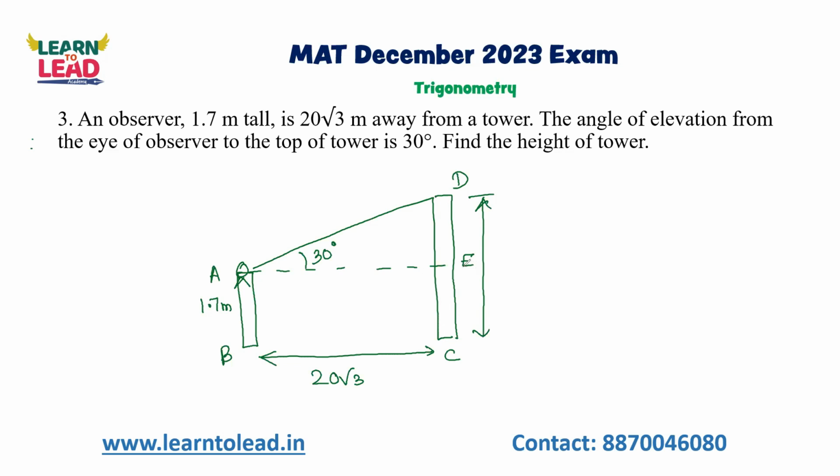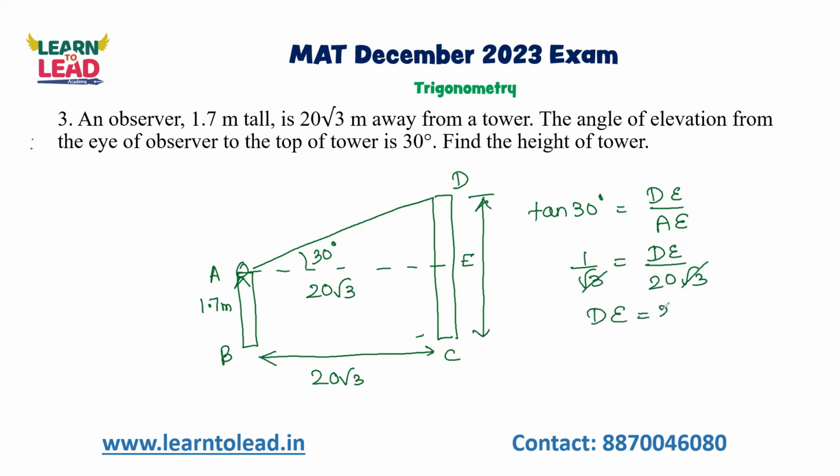So if BC is 20 root 3, AE will also be equal to 20 root 3. Now see, tan 30 degrees is equal to opposite DE by AE. Tan 30, 1 by root 3 is equal to DE, which we need to find out, by AE, which is 20 root 3. So root 3 will get cancelled.